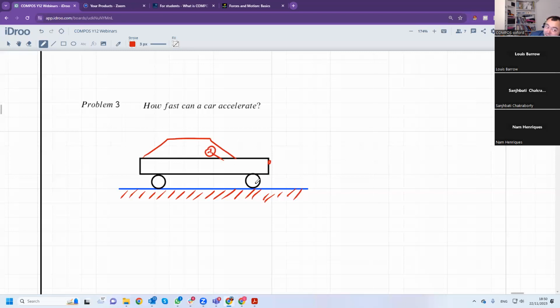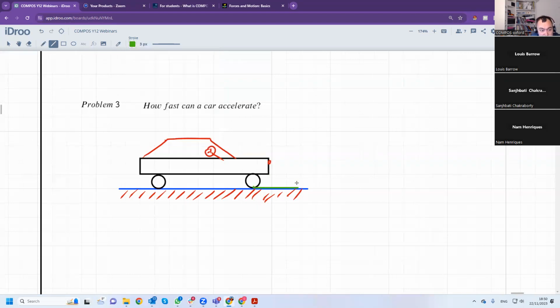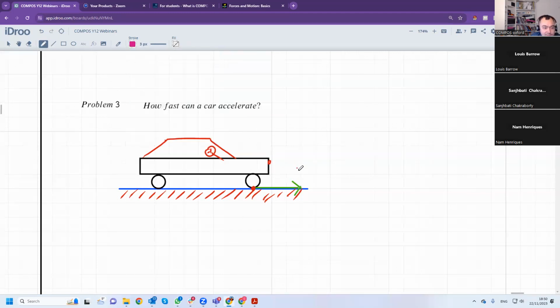Right, so the wheels push the car forward. There's a friction between the wheels and the road, and that force is a forwards force because most cars are front wheel drive. Front wheel drive, yeah, and there's a friction force here between the wheel and the road that pushes the car forward.